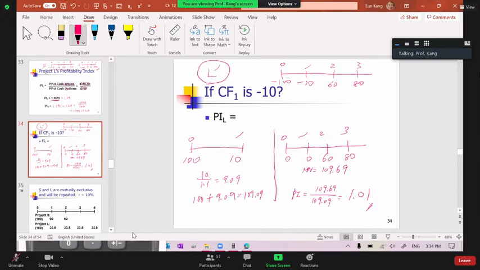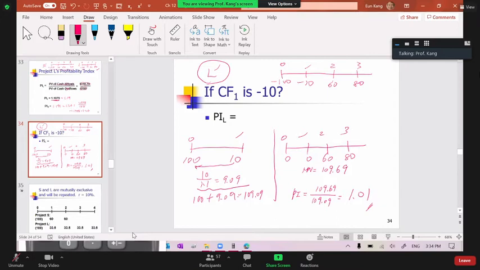So what do you think? What should be the decision rule for PI? Okay, I have a question, Professor. So you have to move the negative to the present as well? Yeah, negative to present. This 10 is at time 1. So that's what you did, 10 divided by 1.1. You discount the 10. You cannot just do 10 plus 100. No, 10 should be present value.